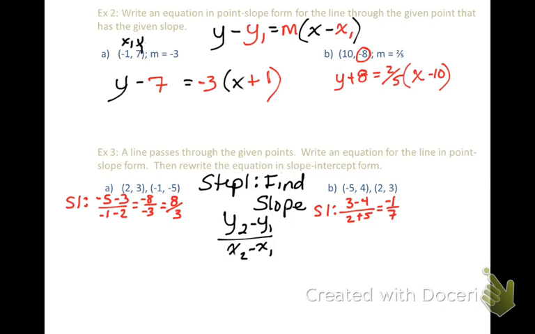Okay, so I did step 1, I found the slope. So the first one is going to be 8/3. Just leave it at 8/3. Notice both of them are negatives, negative 8 over negative 3, so turn them into positive. So that's step 1. Step 2.